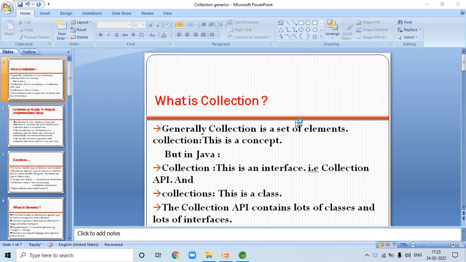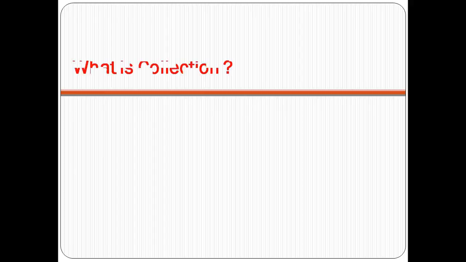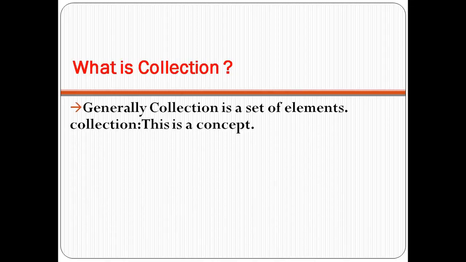And today I am going to discuss the most important topic of Java, that is collections. Collections and generics. So what is collections? Generally, a collection is a set of elements; that is, collection is a concept.